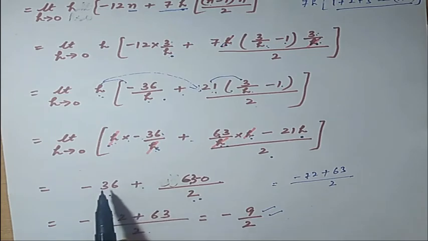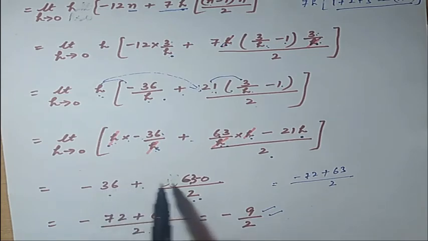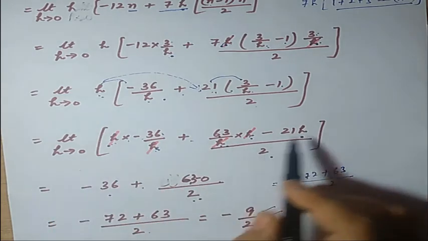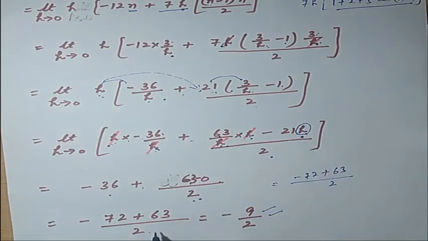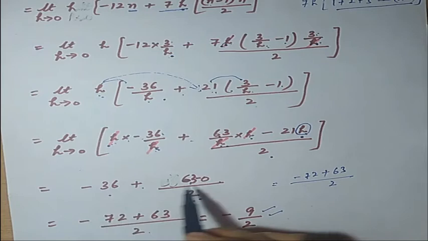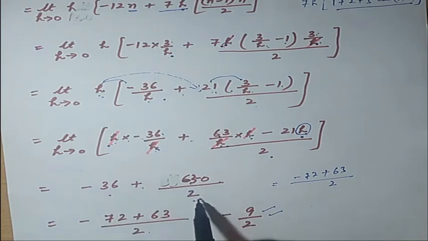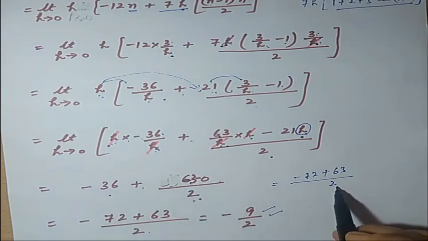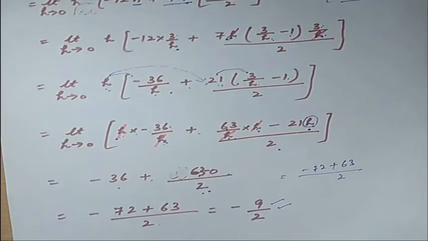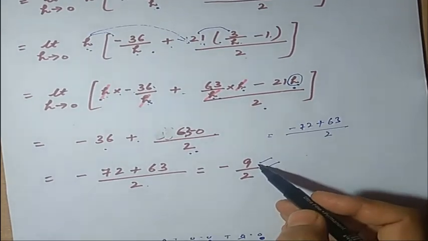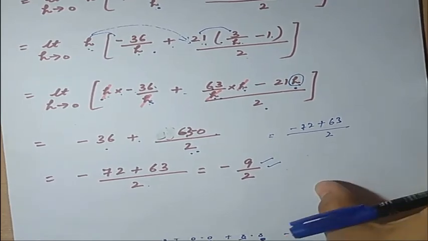When we solve the value, it will be equal to -36 and the limit also there. Now h is only here, so we approach the limit as 0. So -36 + 63/2. We can take 2 as LCM. It will be equal to (-72 + 63)/2. When we solve, the answer is -9/2.